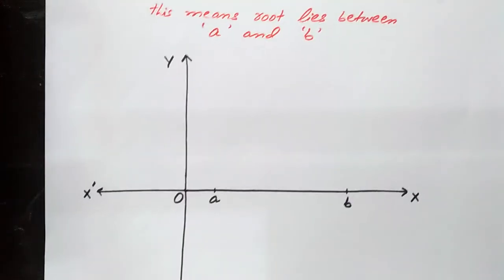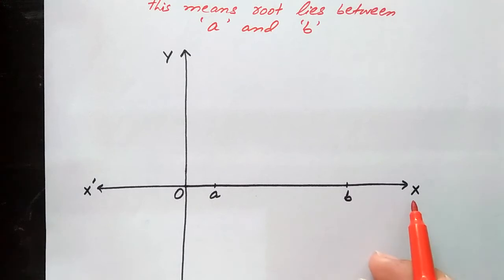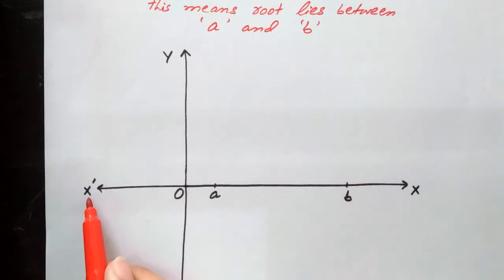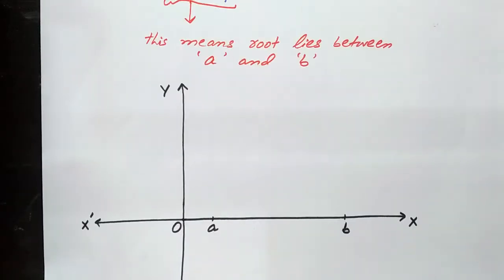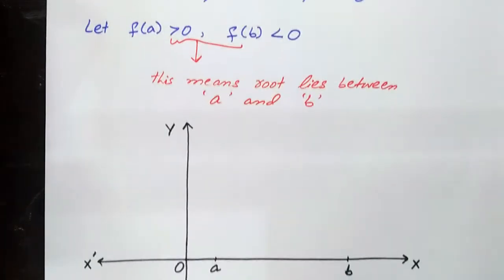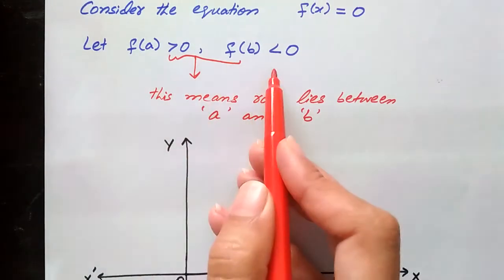Consider the graph. This is our positive x-axis, this is our negative x-axis, positive y-axis and negative y-axis. These are the 2 points where the values of the function show different behavior.